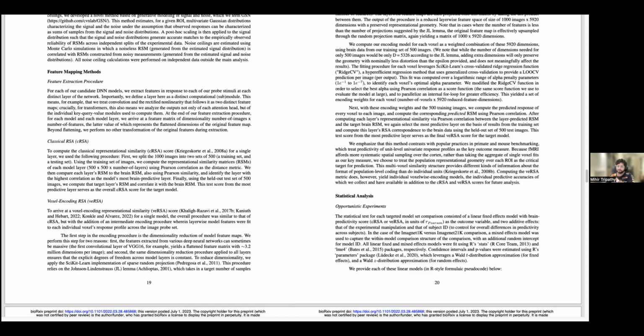Most of the models, if we look at it, the Pearson coefficient of classical RSA is generally at a lower rate compared to the voxel encoding RSA. So it suggests that applying the reweighting over those layers is actually helpful.